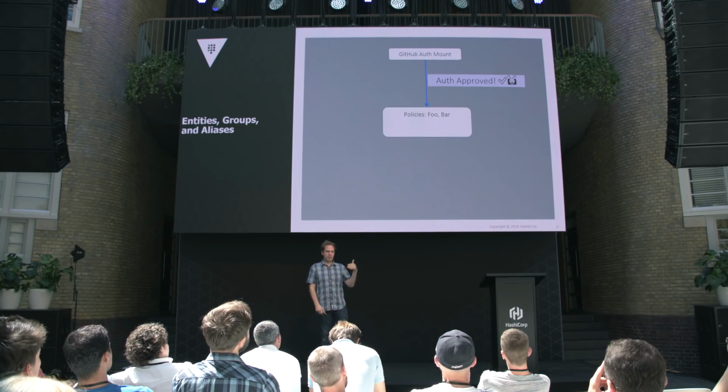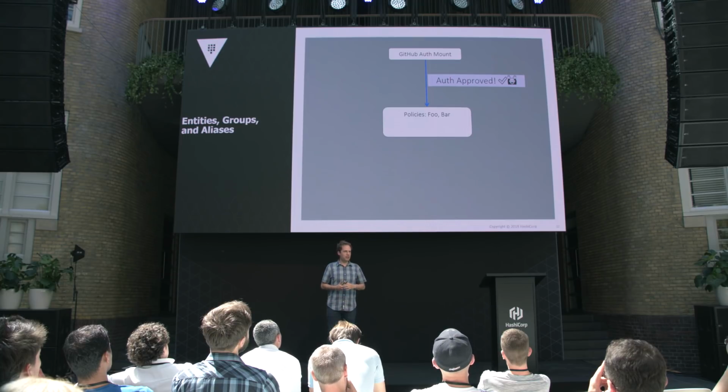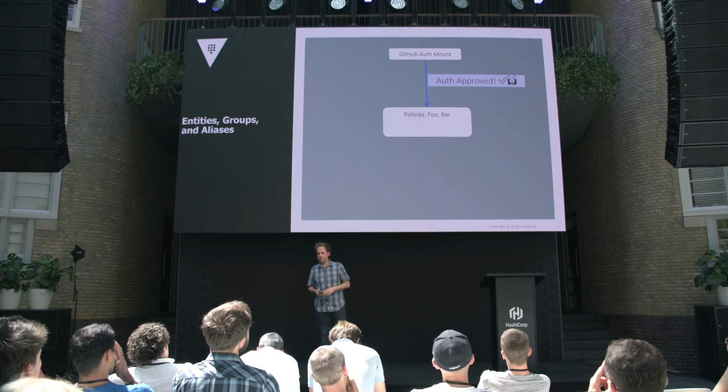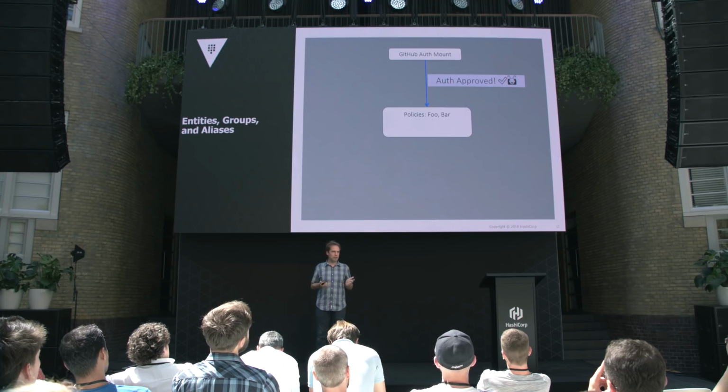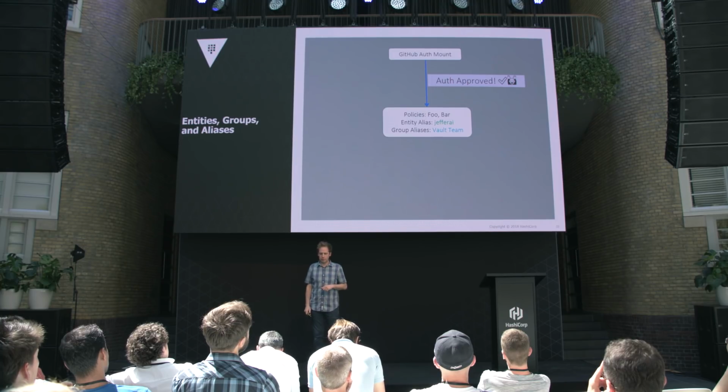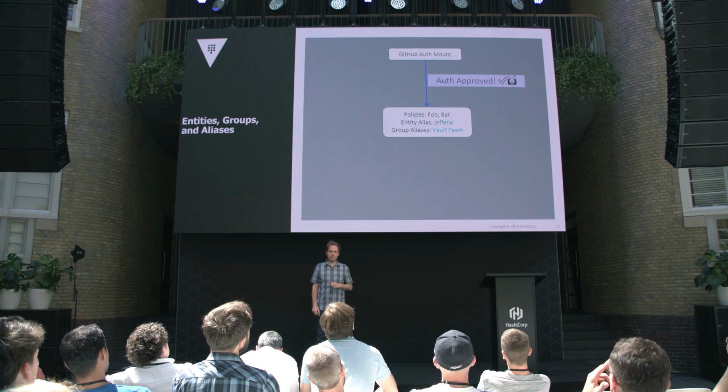Normally the GitHub auth mount would say, for this user, they get policies foo and bar. Now that we've been plumbing identity through all these different backends, it'll say, here are the configured policies, if any, and you may not even need them anymore, and we'll go into that. The entity alias is Jeffrey, and the group alias is Vault team.